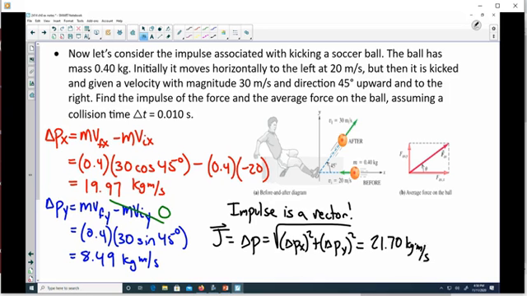Using the Pythagorean theorem, you find the magnitude of the impulse to be 21.7 kilogram meters per second. And the angle of the impulse is 23.03 degrees.